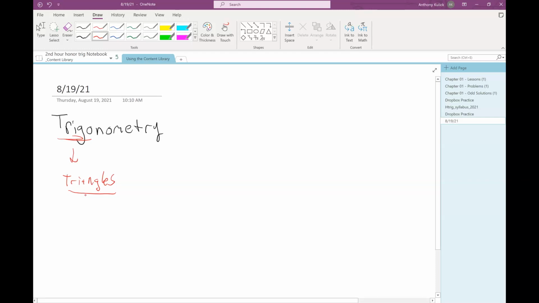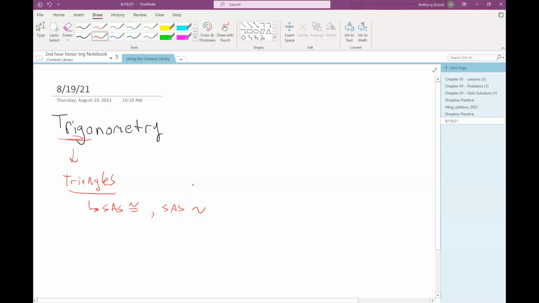Side angle side. Okay, so side angle side was a theorem that there's actually two versions of: side angle side congruence, and then side angle side similarity.